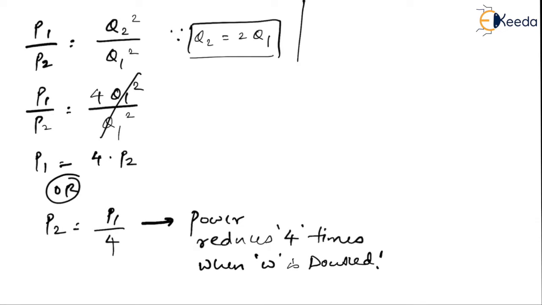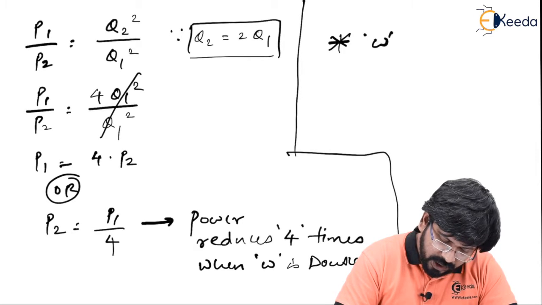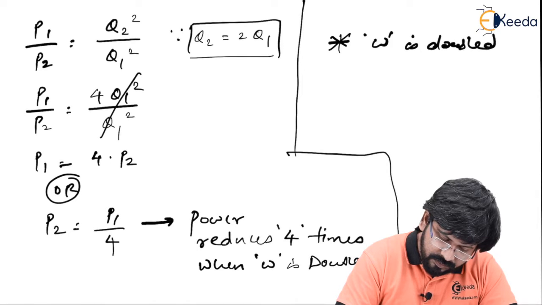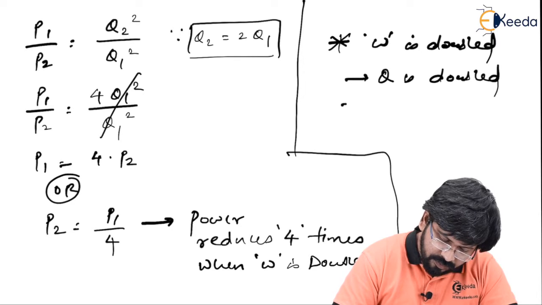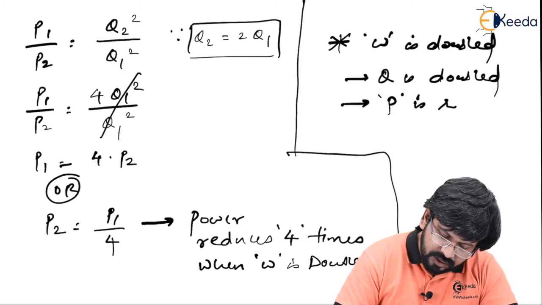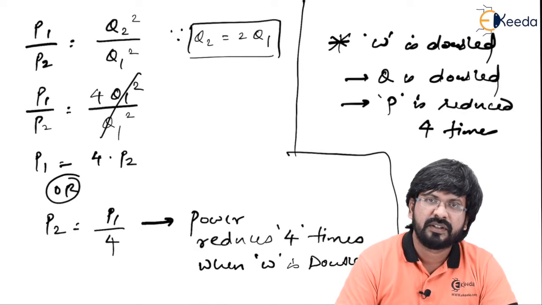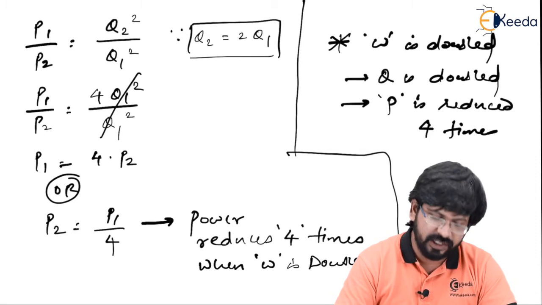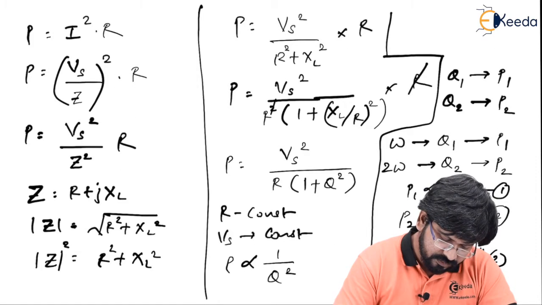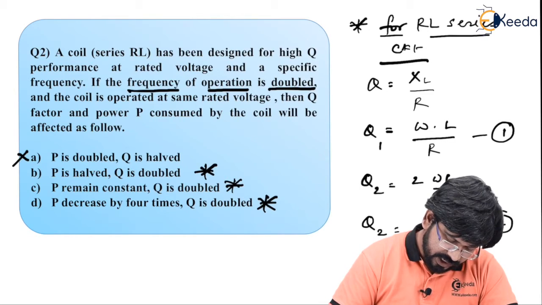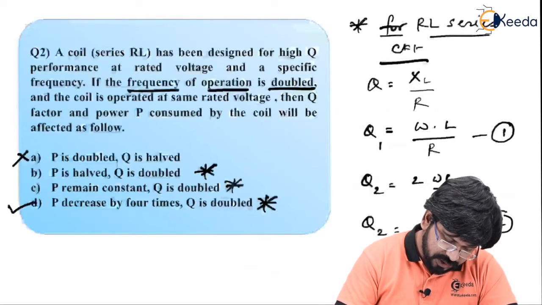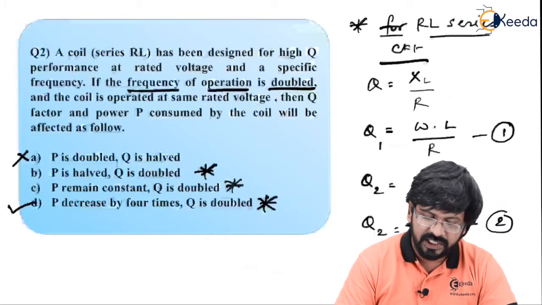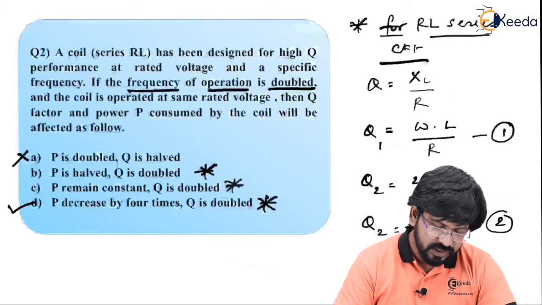The final conclusion we can say: if omega is doubled, Q is also doubled, but P is reduced 4 times than the previous. We'll go back to the options and see what is the correct option. As you can see, option D is the correct option, which says P decreases by 4 times and Q is doubled. I'm sure you've understood question number 2.